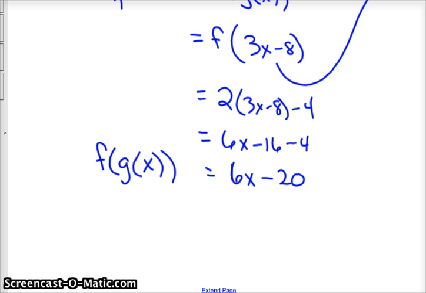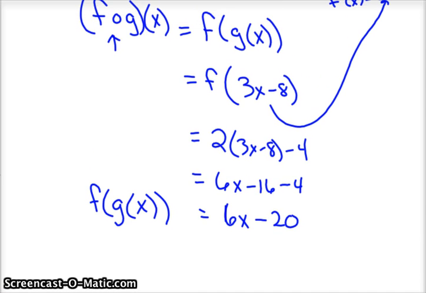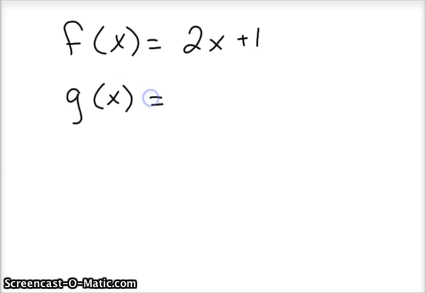Okay. That's one example we could do with this. The next thing is let's do the same with some numbers. It doesn't matter. Since I switched pages, I'll come up with new functions: f at x equals 2x plus 1, and g at x equals x minus 4.